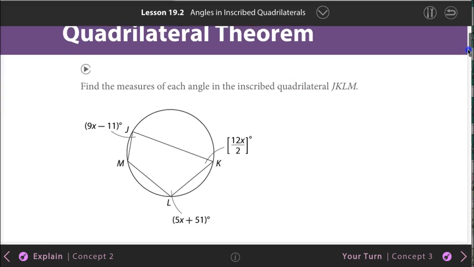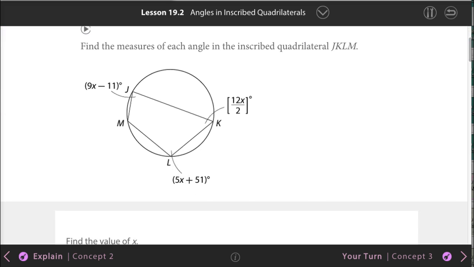So now, let's move on. Here's a really awesome question that you have to know, right? It says, find the measures of each angle in the inscribed quadrilateral JKLM. Ooh, so there's 1, 2, 3, 4 angles. Obviously, this quadrilateral is inscribed inside the circle, right?